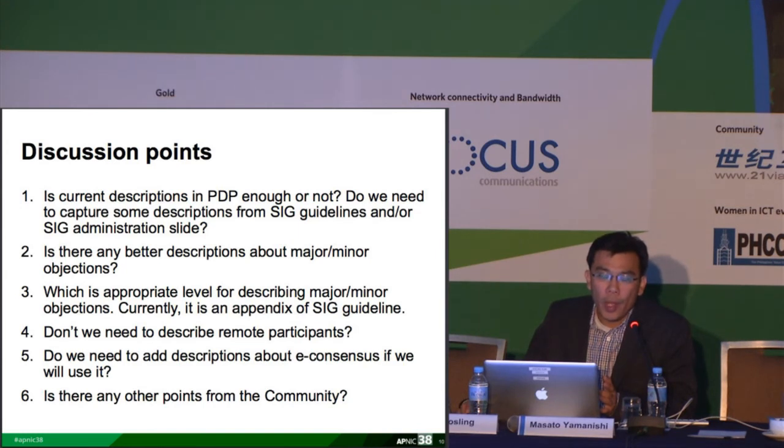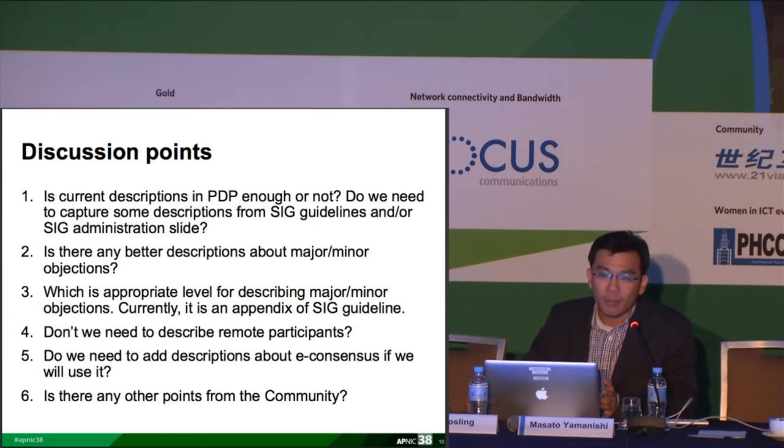And also, we have descriptions about major and minor objections, but I would like to discuss whether there is any space for improvement of these descriptions. The third one is, what is the appropriate level of describing major and minor objections? As I said, currently it's located in the appendix of the SIG guideline.